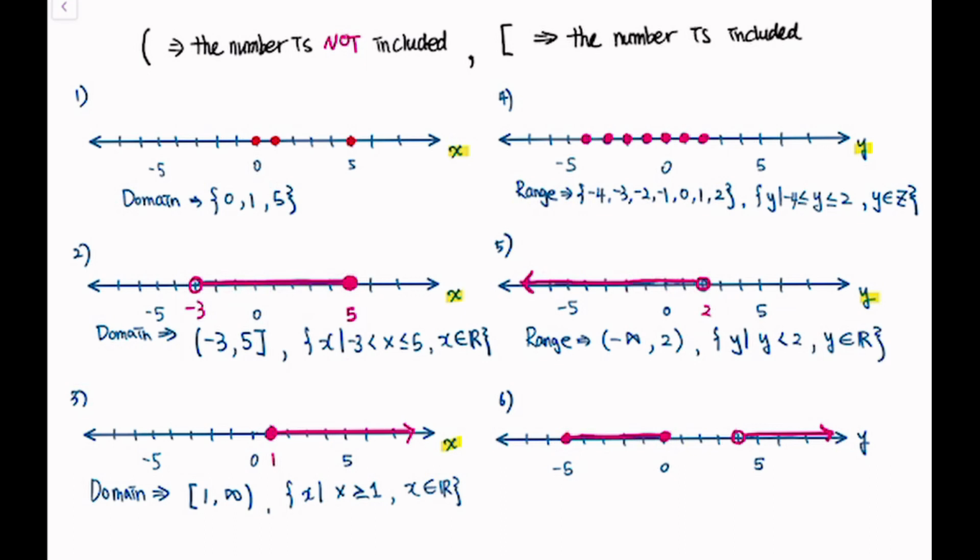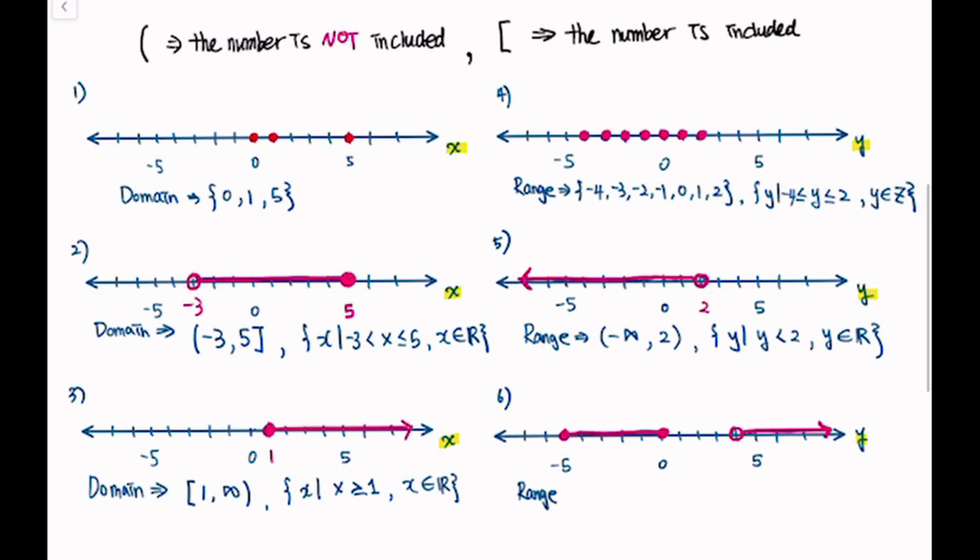Lastly, graph number 6. Again, it describes the y values, so this is the range, and as this is a continuous relation, we cannot write every single value, which includes all the decimals here, so we can write it in interval notation. The smallest y value that we have is -5, and it includes -5, so we use the square parenthesis.